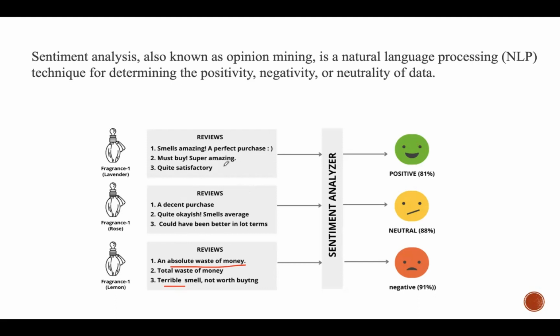Based on the text in three different scenarios, in the first scenario, as it has all positive reviews, it is classified as positive. So 81% of the people are satisfied with the product. And in the neutral one, we got 88%. So you need to maintain stable prices. Whereas in the third case, lemon, 91% of the people are not interested in this fragrance. So this is considered a negative sentiment.